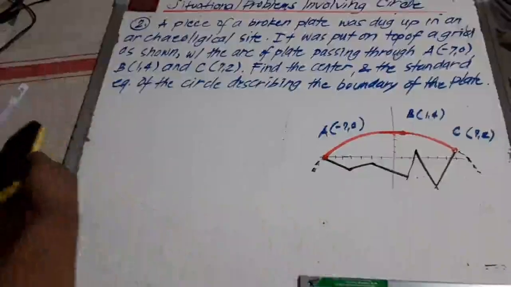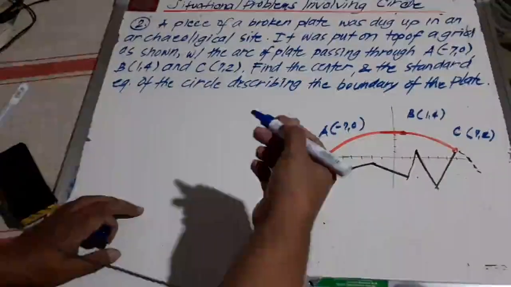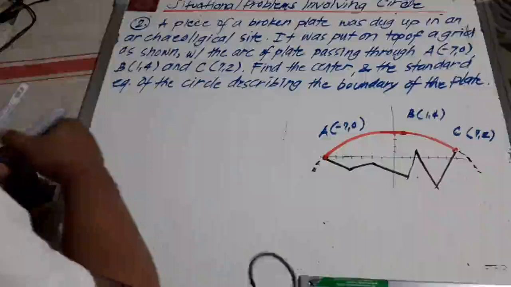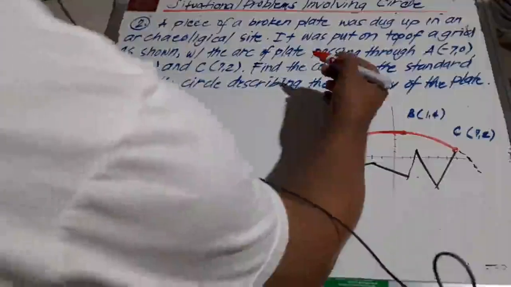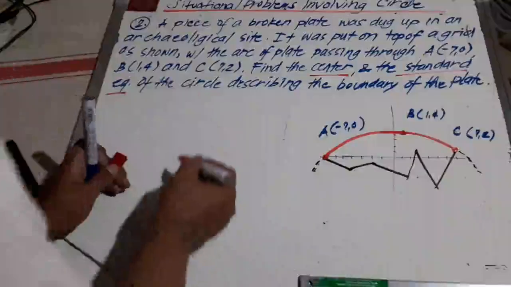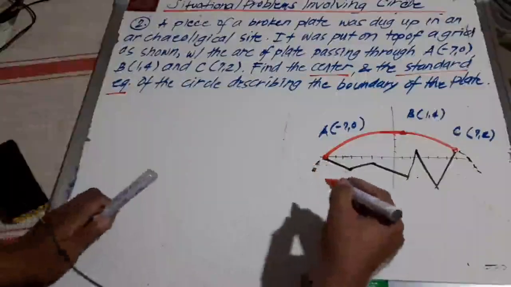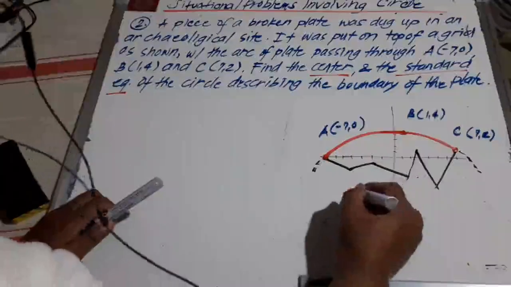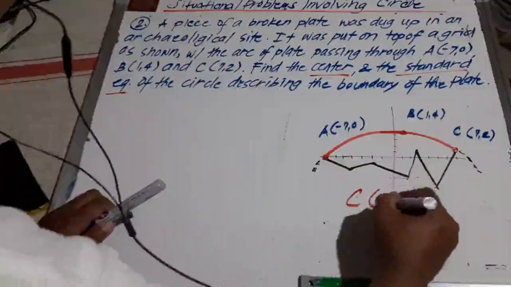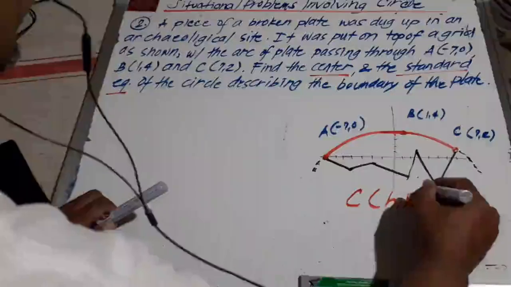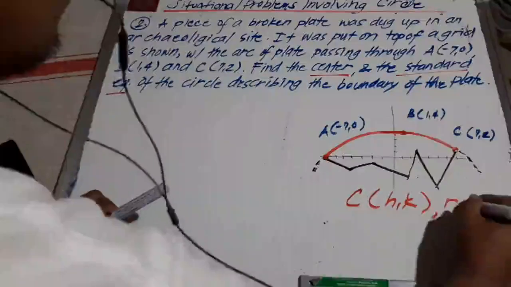Okay. Ang required sa problem ay ma-determine natin yung center, at alamin natin yung kanyang standard equation. Okay. So, ang kailangan natin ay location of the center, yung (h, k), at kailangan natin yung length ng radius.